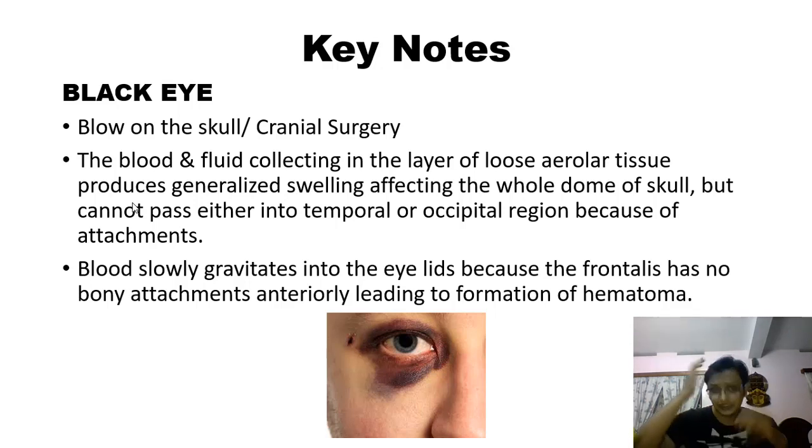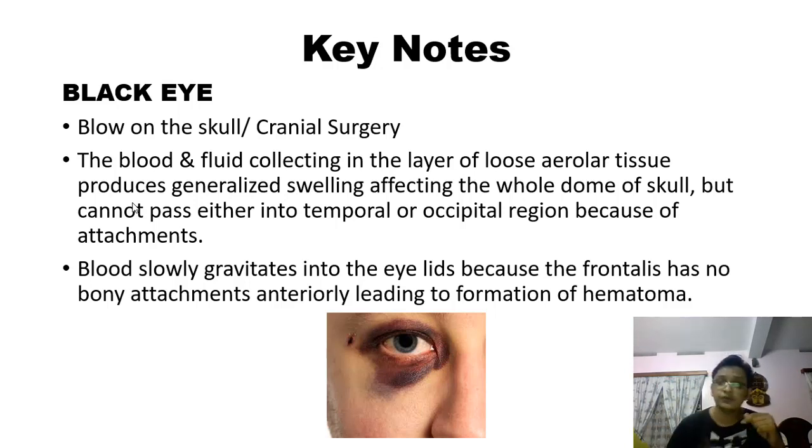So with any injury or surgical procedure, the blood and fluid get collected in the loose areolar tissue, which produces a generalized swelling in the whole dome shape, but it cannot pass into the temporal and occipital region because of its attachment. But the blood slowly gravitates into the upper eyelids and also goes to the lower eyelids.